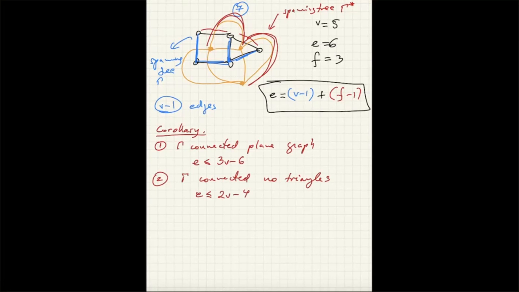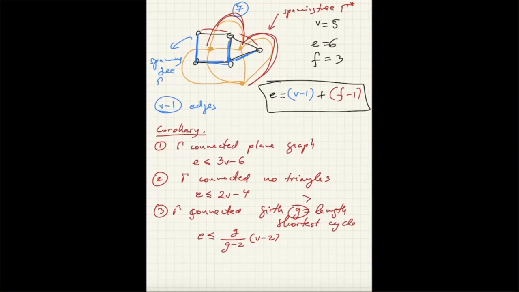And there is a general formula: if gamma is connected with girth g, which is the length of a shortest cycle, then the number of edges is at most g divided by g minus 2 times V minus 2. So let's say g is greater than 2.